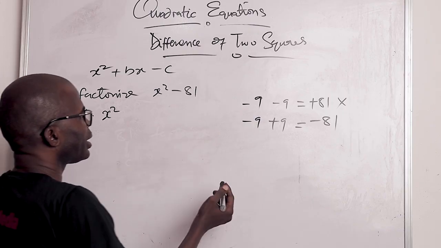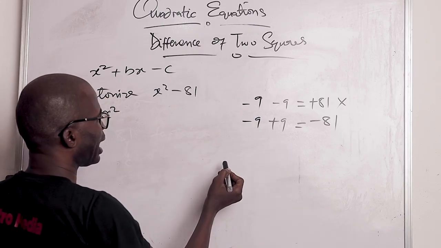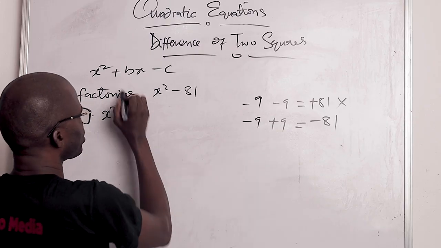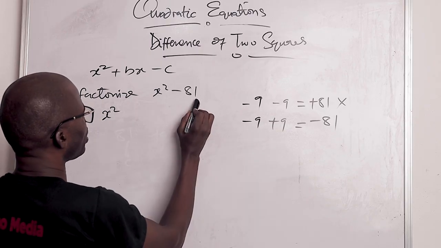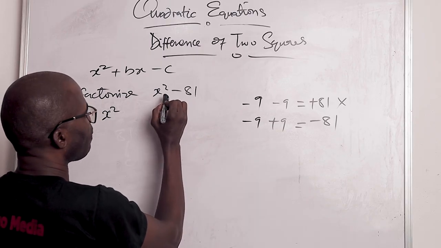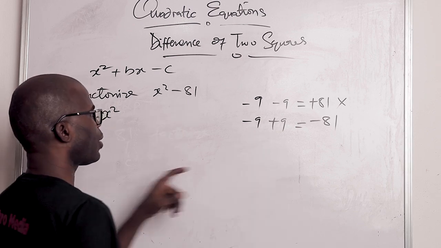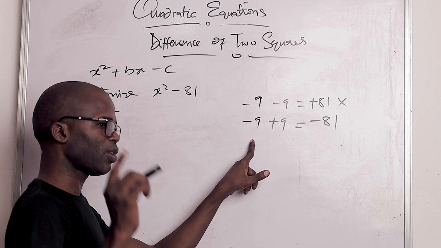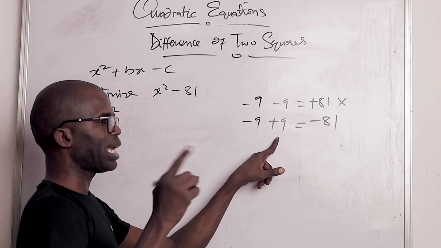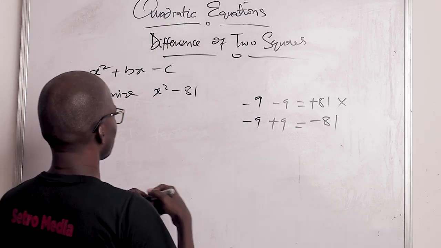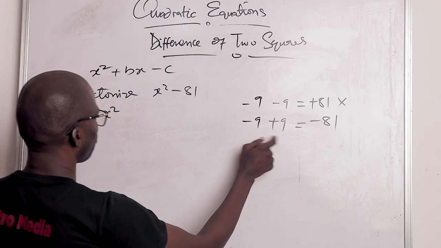Now the second condition is if I add them together, it should give me 0, because in this equation, the center term is 0. So minus 9, you are owing someone 9 naira, and you pay back 9 naira. How much are you owing? 0. So that will work for this.